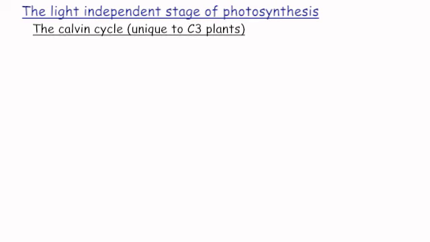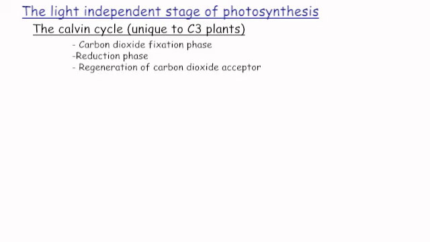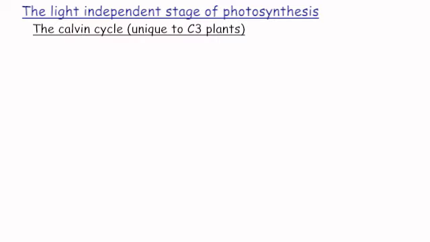Now they are called C3 plants because the first product of photosynthesis here is a 3-carbon acid called glycerate phosphate. The Calvin cycle involves 3 main stages, that is carbon fixation, the reduction phase, and the regeneration of the carbon acceptor. And I'll start with carbon fixation. So the carbon dioxide from the atmosphere diffuses into the leaf and into the plant cells, eventually into the stroma of the chloroplast.